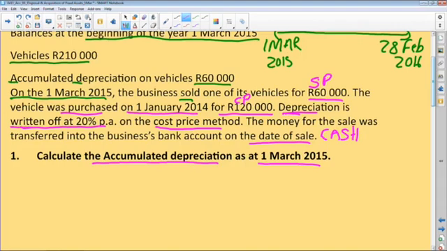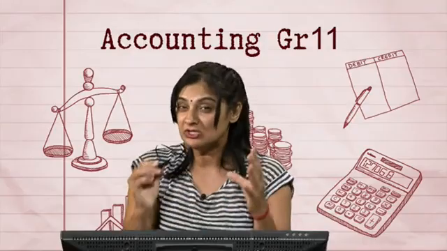However, they are giving me depreciation written off at 20% per annum on the cost price method, and they're giving me the date of purchase. So in other words, they want me to calculate the depreciation for each year and then add up my total depreciation in order to calculate what was the accumulated depreciation at the date of sale.